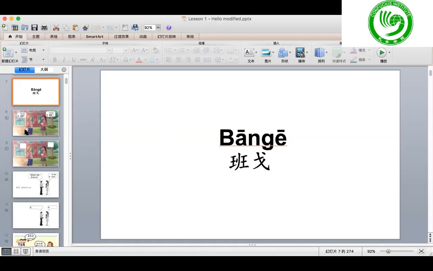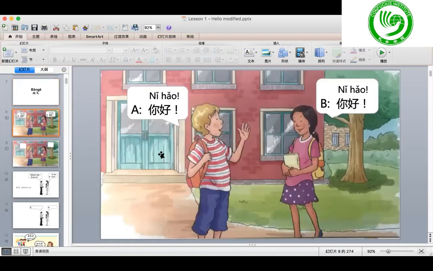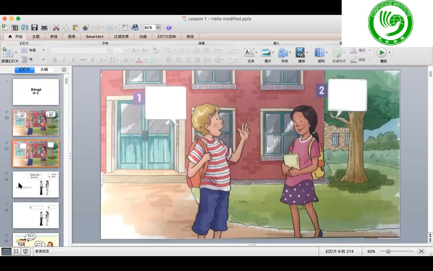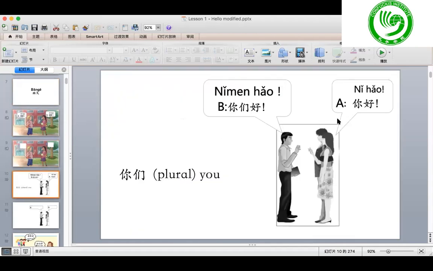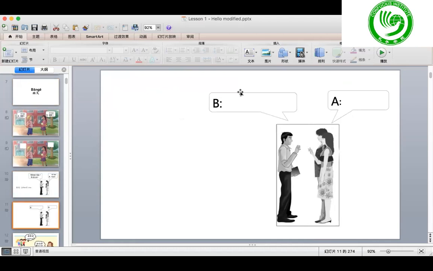We're gonna learn tones later. And then we've learned how to say hello to each other. Yes, it is 你好. And then we've learned how to say hello to more than one person. It is 你们好. 你们好. One more time.